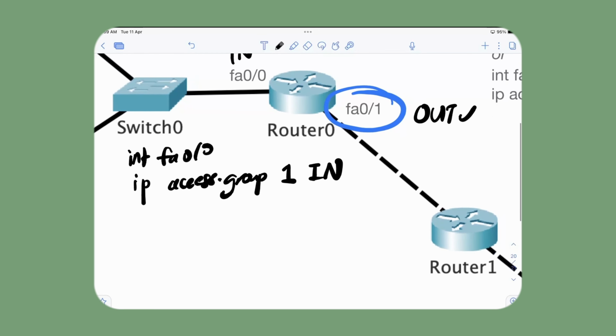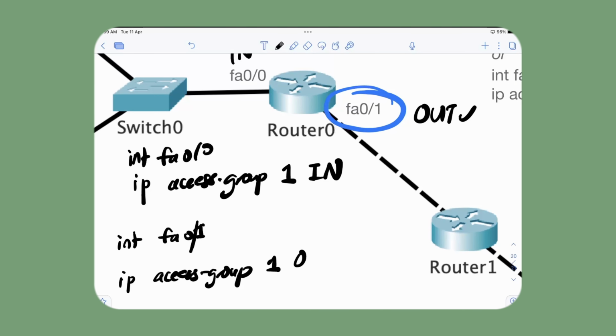If I want to do it in INT FA01, also can. But now the direction you must be careful: IP access-group 1 here, this is out. So either one is correct. But if you do FA00, must put the in. If you do FA01, you must put the out.